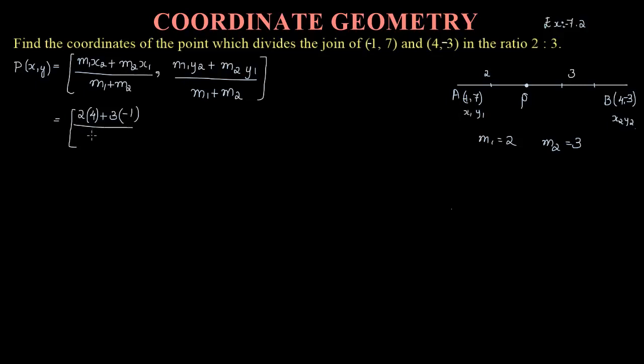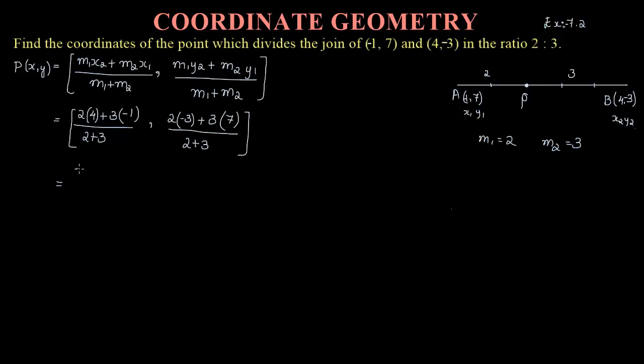Then this divided by m1 plus m2, it is nothing but 2 plus 3, comma 2 into, then you have y1 and y2. The y2 value is how much? -3 plus m2 is again 3 and y1 is nothing but 7. So let me just substitute here. Again 2 plus 3, because m1 is 2 and m2 is 3, right?